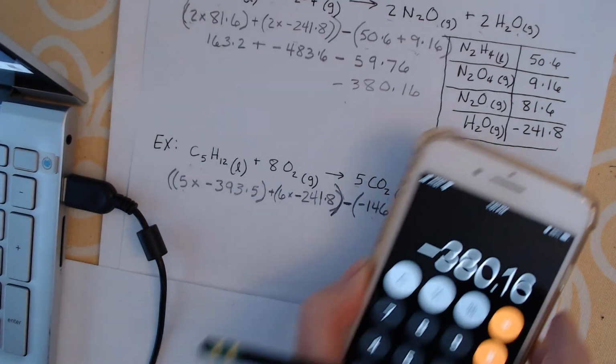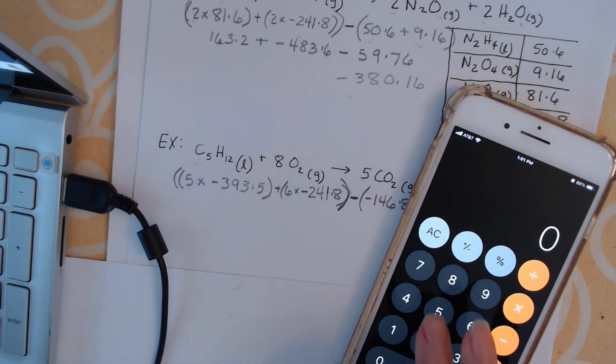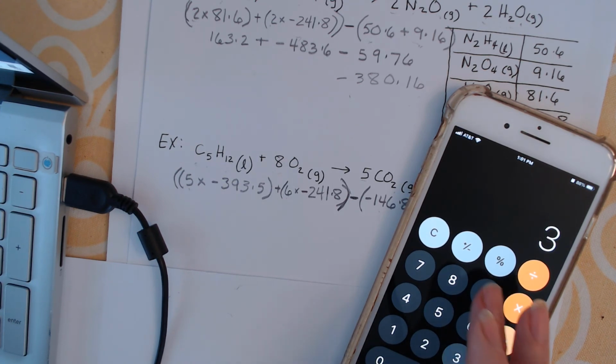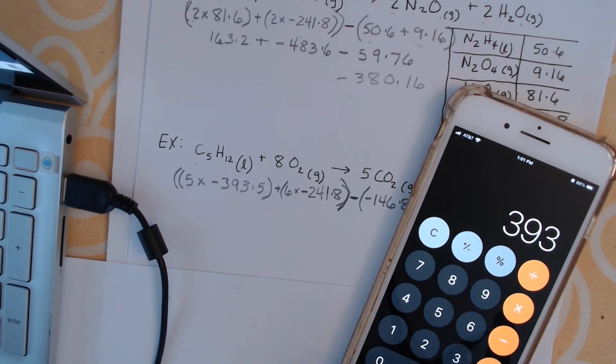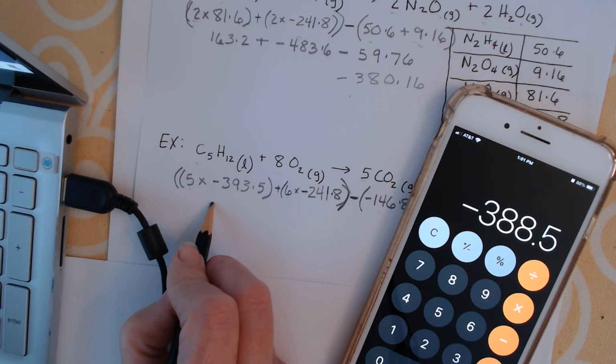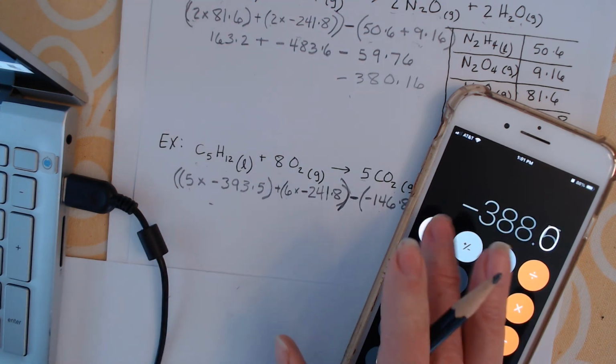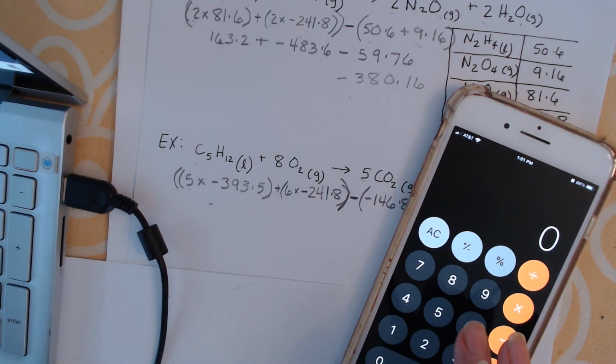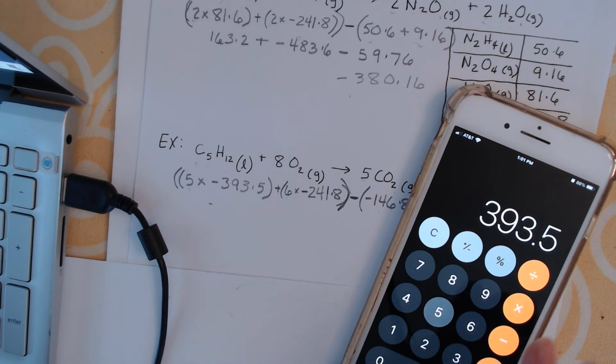I'm definitely using my calculator on this one. 5 times negative 393.5 equals, that doesn't seem right. Let me do it again. I'm going to do it in reverse. Negative 393.5 times 5.